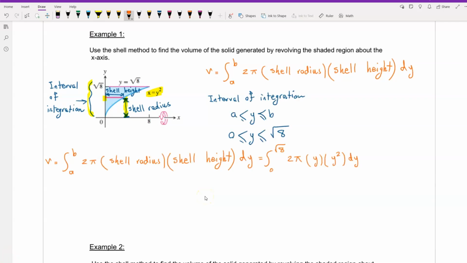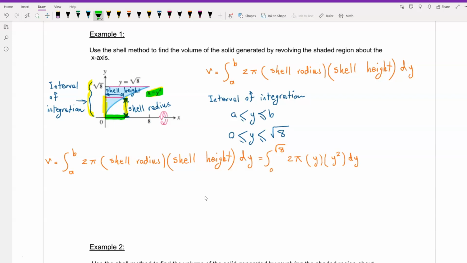So our volume is equal to the integral from 0 to square root of 8 of 2 pi times shell radius, which is y, times shell height, which is x, and our x based on what is given here is equal to y squared.